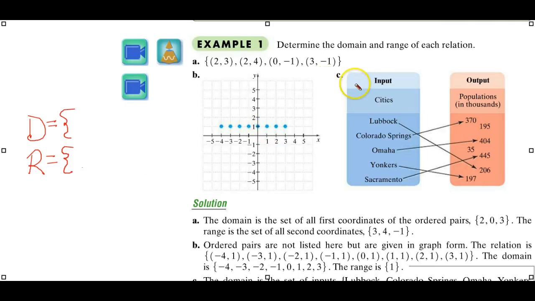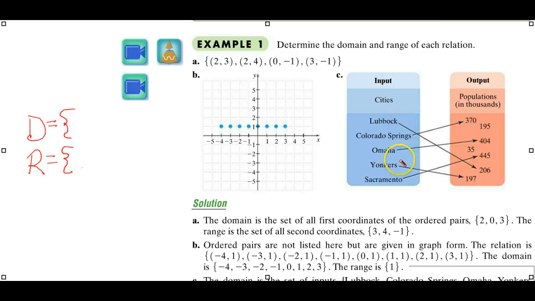Now for letter C, we would write for our domain what is in the blue, because these are the first elements. And by the way, this in letter B would be a function because the x elements are only used once. Now as we look at this, is this a function? Well, looking, the cities are only used once.